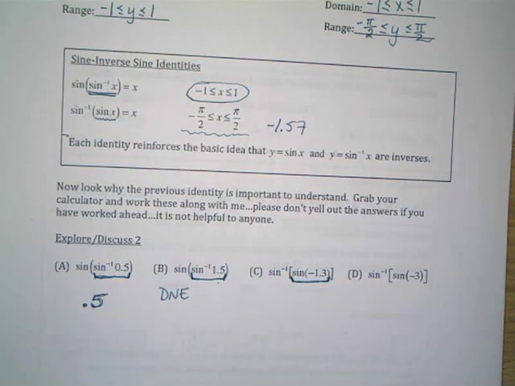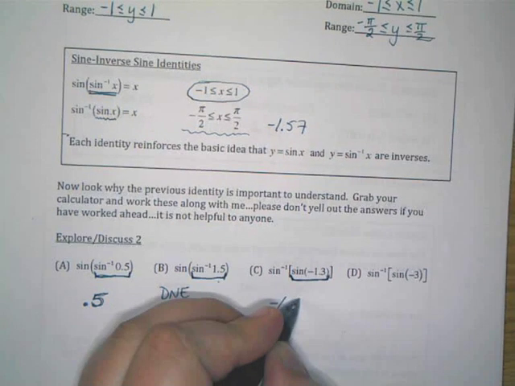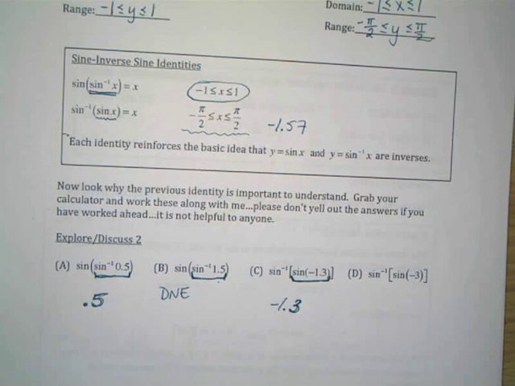So -1.57 to 1.57, that works. So this should be -1.3. Try it in your calculator and see if it works. Inverse sine of -1.3. Oh, good, I got -1.3.